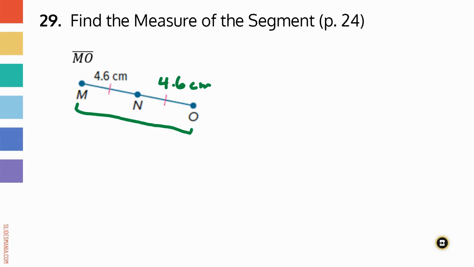So in order to find the total, we're going to do the measure of MN plus the measure of NO, and that is equal to the measure of MO. So that's the betweenness that we learned in the last video. So we know MN is 4.6.